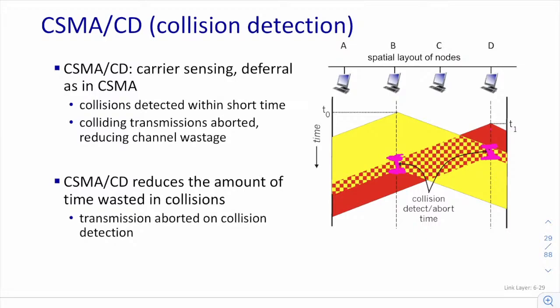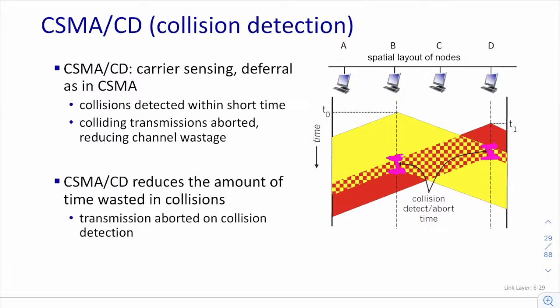That means when you sense the collision, for example, for B, you can simply abort your transmission because the signals overlap. So the receiver is not able to receive the correct signal, and you don't have to send the rest of the frame out. You can simply abort your transmission.